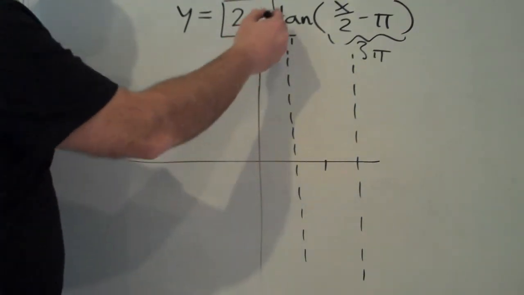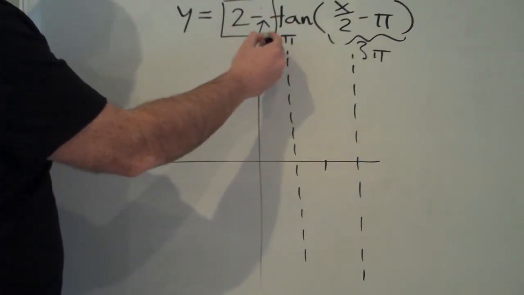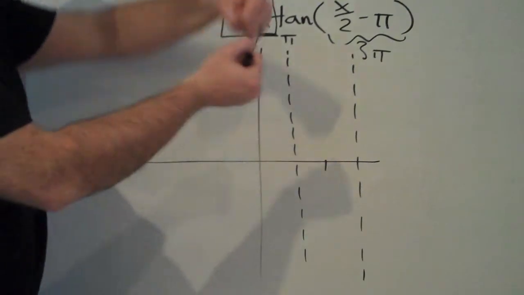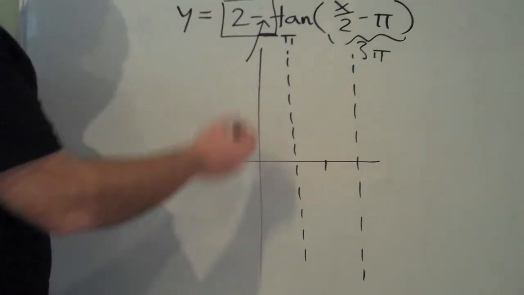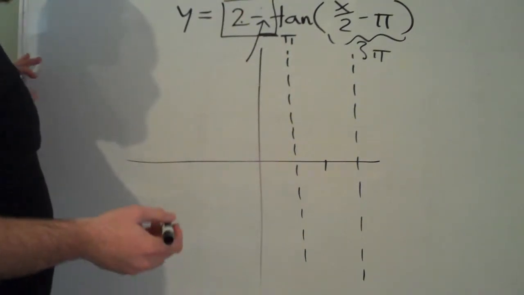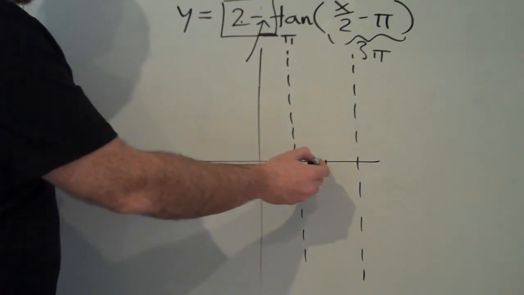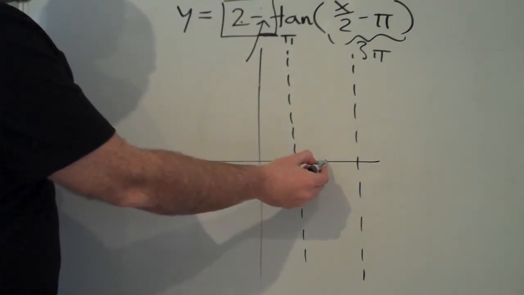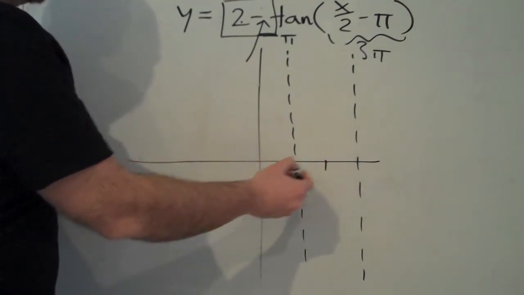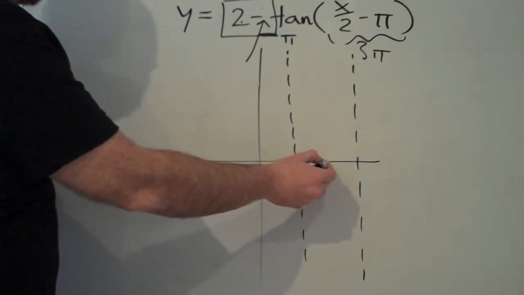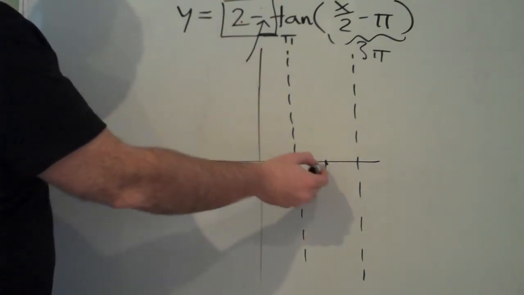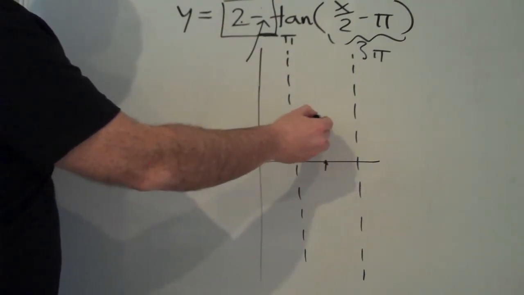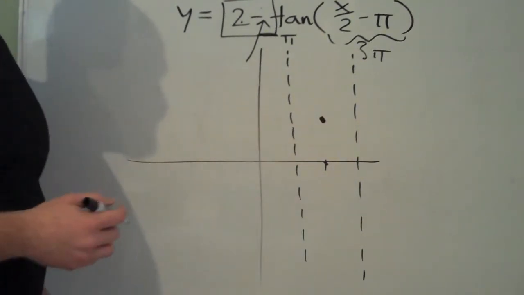If we had a number for the amplitude, what would it do? It would stretch it, if it was a number greater than 1. The 2 is a vertical shift, and that's where we have to really know what we're doing. That intercept point, remember, is supposed to be in the middle between these two asymptotes, and it's supposed to be on the x-axis. However, if we shift up 2 units, I'm going to shift that intercept point up 2 units.